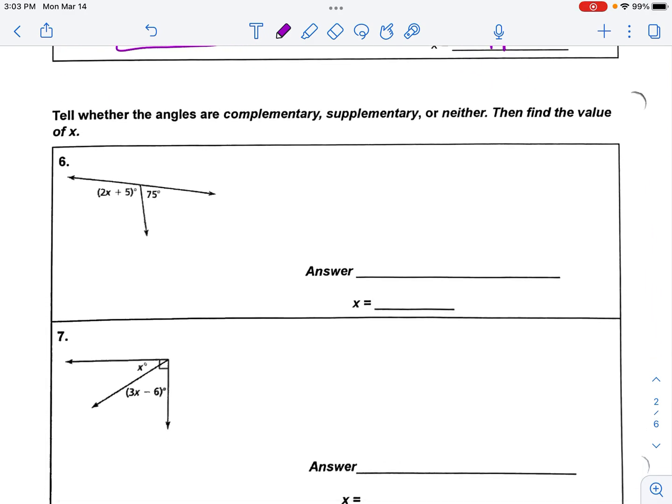Okay, for 6 and 7, we're going to tell whether the angles are complementary, supplementary, or neither, then find the value of x. Okay, the two angles, this one plus this one, forms a straight line, 180 degrees, which means we're going to label it as supplementary. And again, this angle plus this angle is 180 degrees.